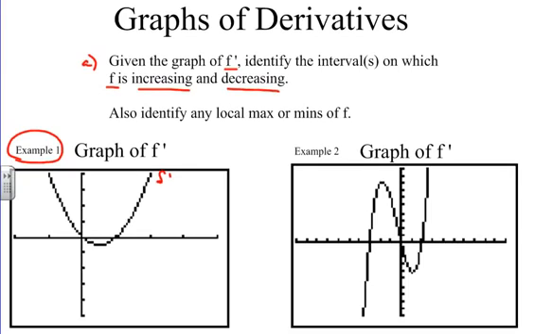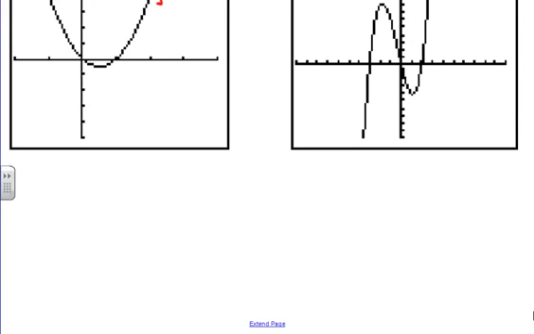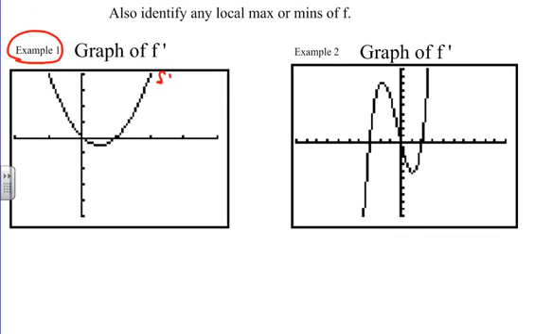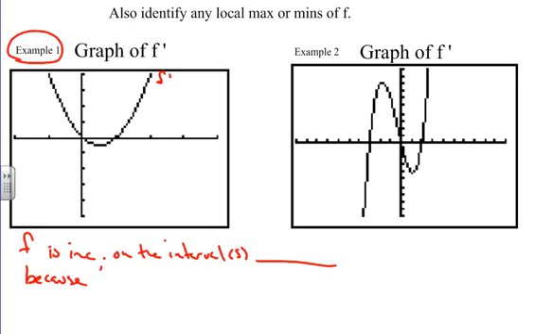What is the correlation? Now, if you recall, we did our justifications in previous lessons where we took our graph f and we did analysis of it, and we wrote a justification. And we found that f is increasing on the interval, or intervals, so I'll put a little s right there, fill in the blank, because f prime is positive.